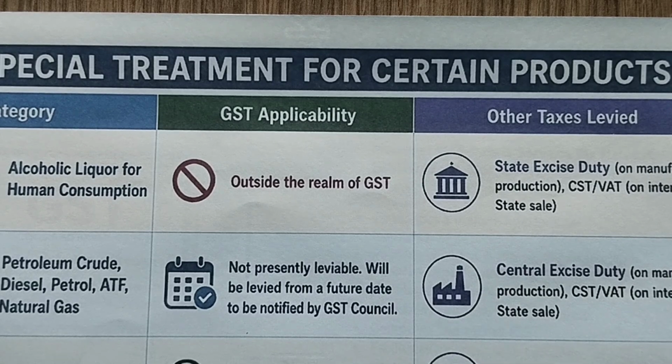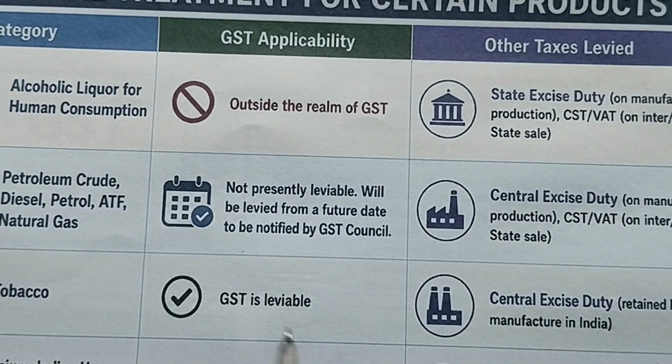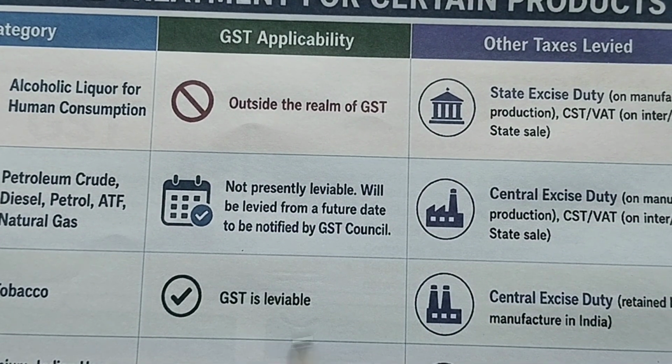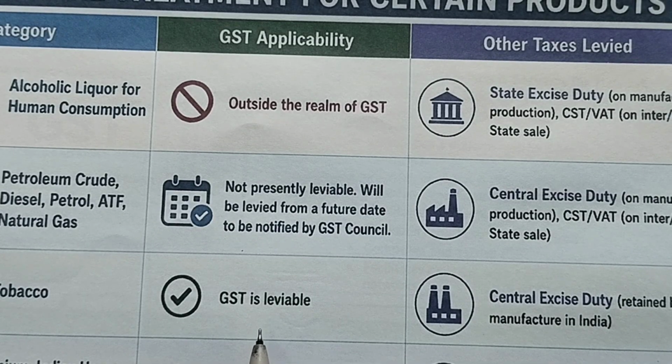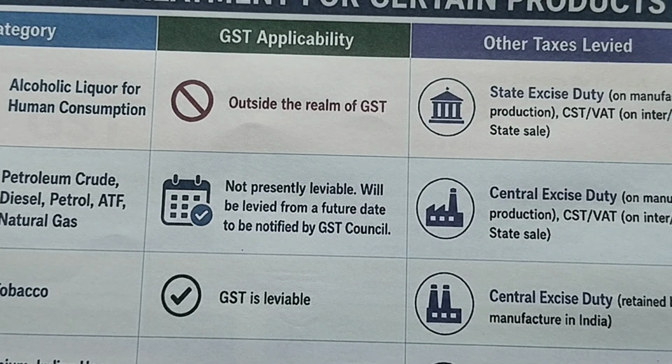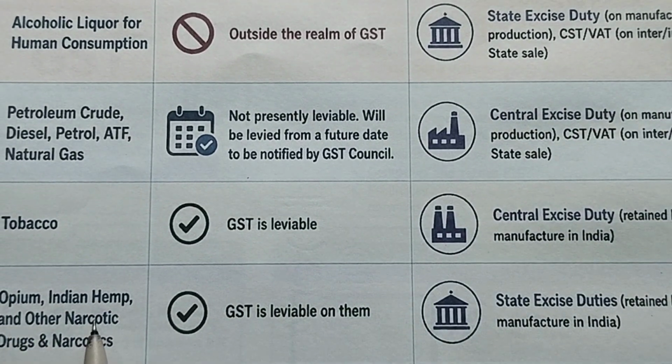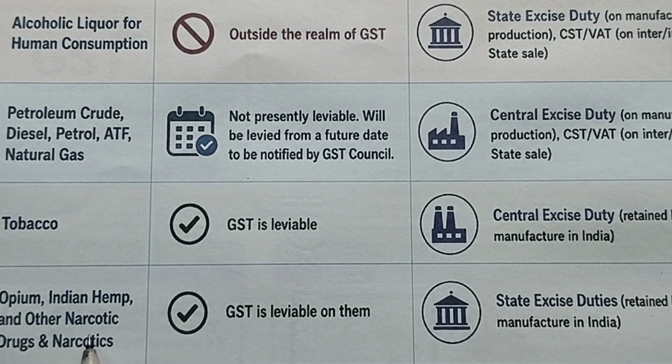Excise duty will be calculated on this. Tobacco: GST will be leviable, and central excise duty also, because these are all harmful products. That is why double taxation has been imposed. Opium, Indian hemp, and other drugs and narcotics: GST is leviable on them, and state excise duty also will be levied.